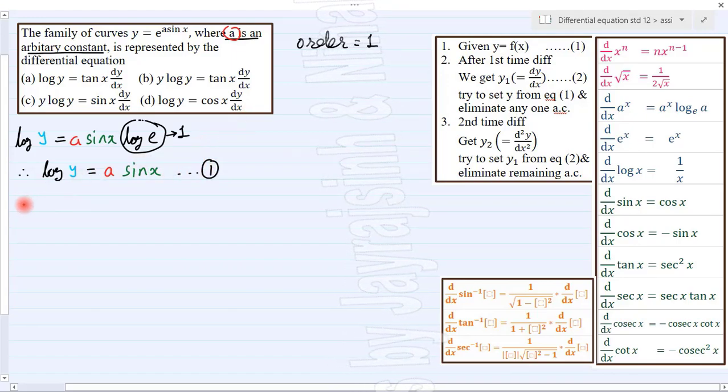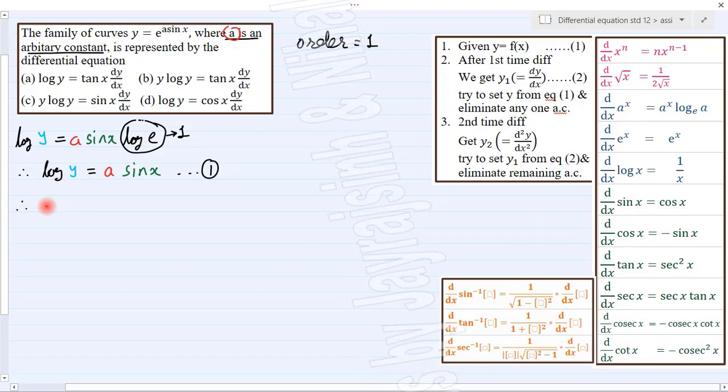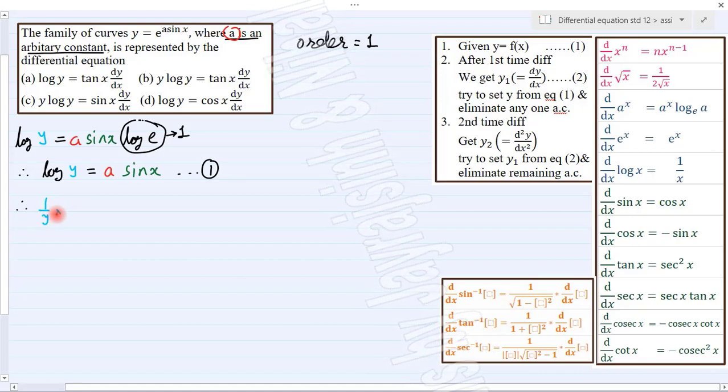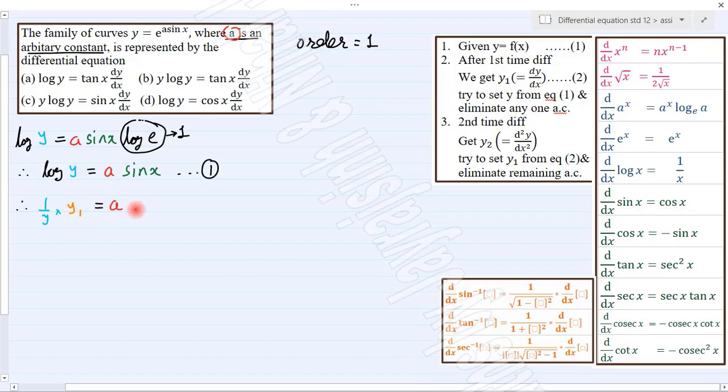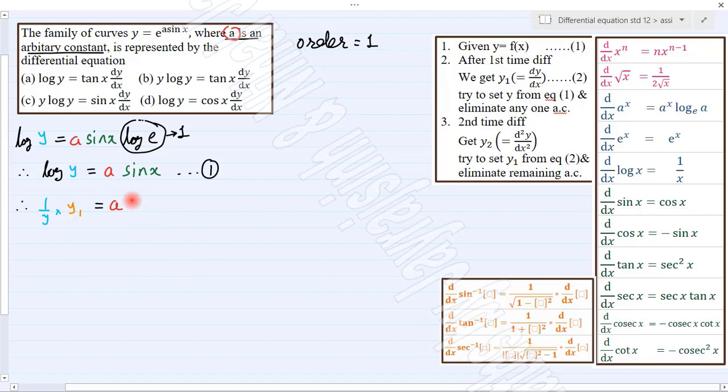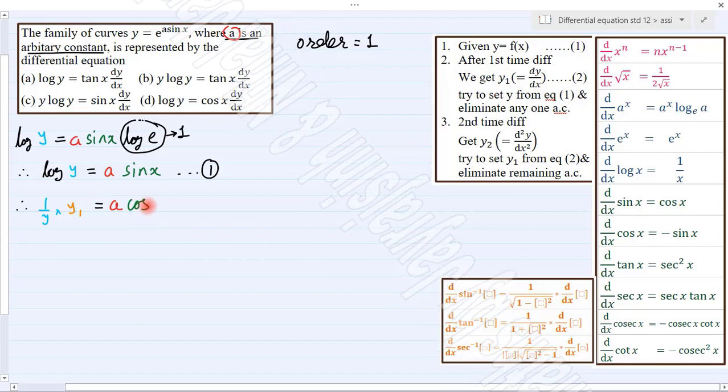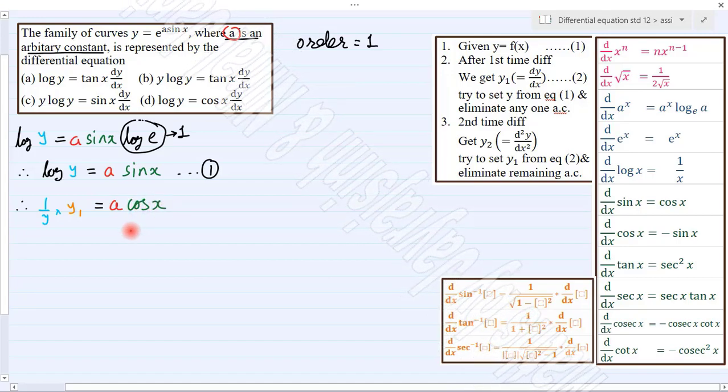Now we are ready to differentiate our equation with respect to x. So differentiation of log y will be 1 upon y into differentiation of y, which will be y1. On the right hand side, a is constant, we don't have to worry about it. Differentiating sin x gives cos x.